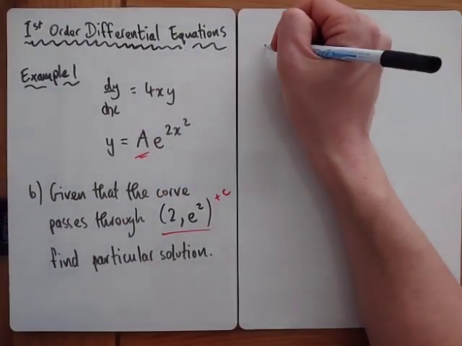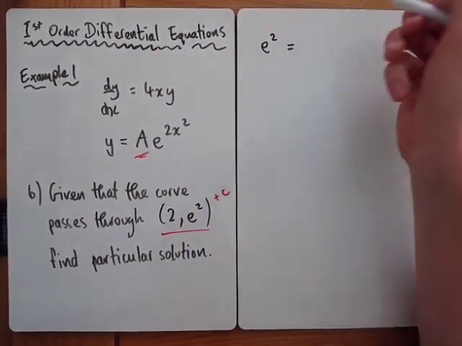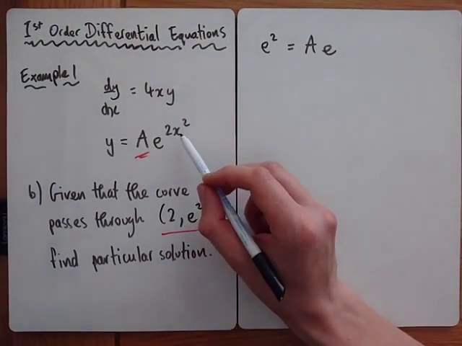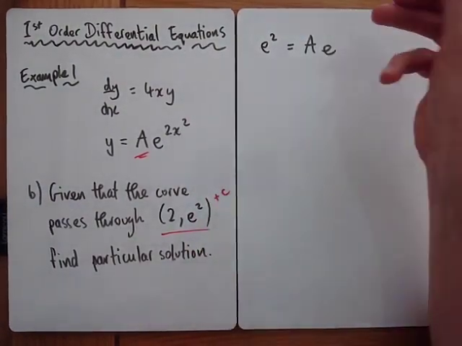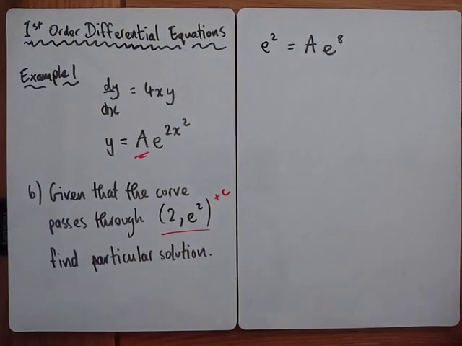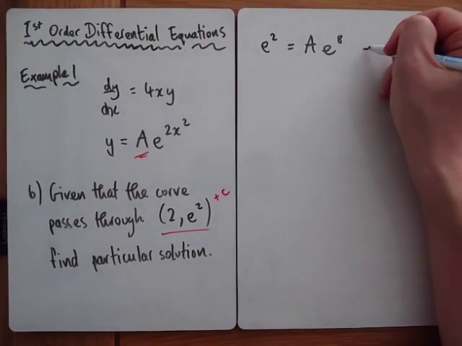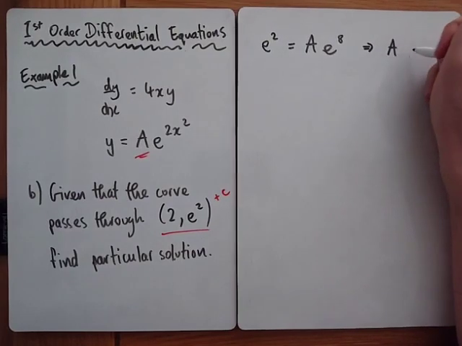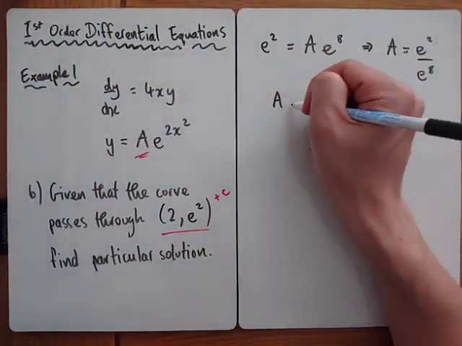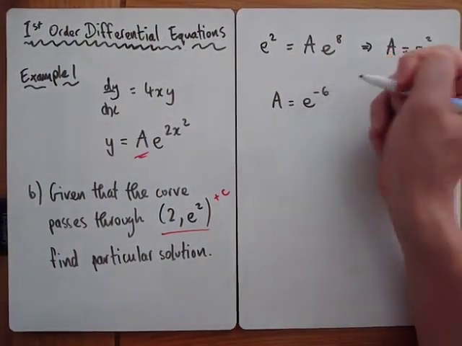So if y equals e squared, and x equals 2, 2 squared times 2, so that'd be e to the 8 by substituting 2 into that side. So if we want to figure out what a was, a would equal e squared divided by e to the 8. A would equal e to the minus 6.